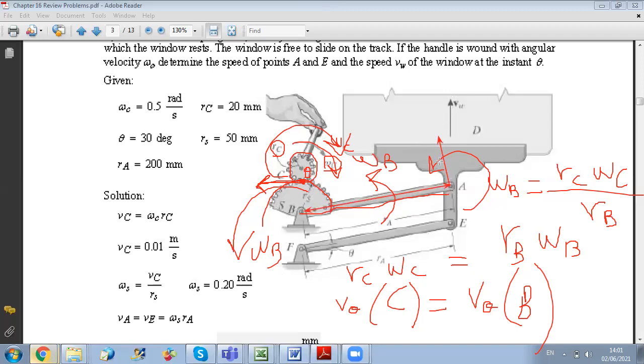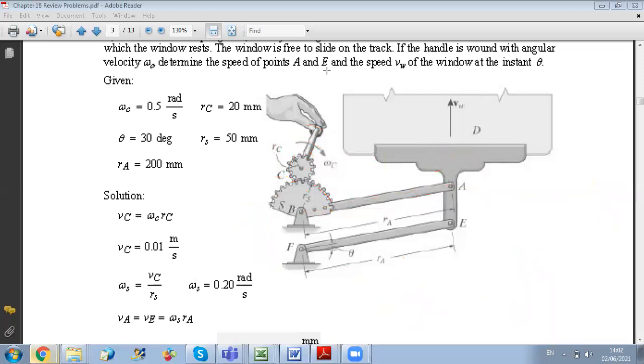But which component of the velocity is the one that raises the window? Surely not the horizontal component. Only the vertical component raises the window. So the velocity of the window will be equal to the projection of the velocity of this point along the vertical. This is why the first step is to find the velocity imposed at A, and then we project this velocity on the vertical to get the component of velocity at the window.